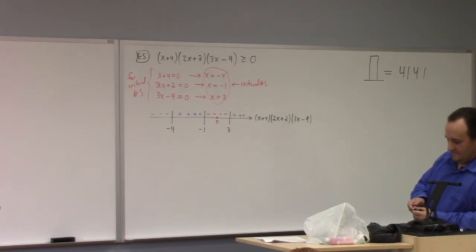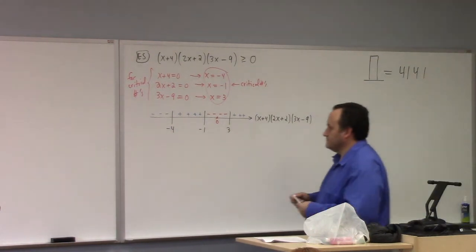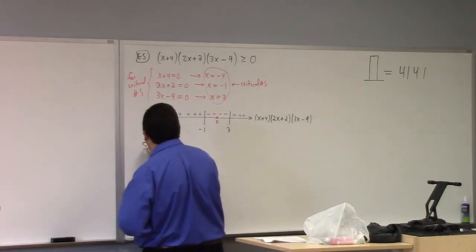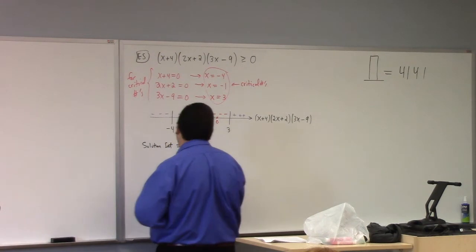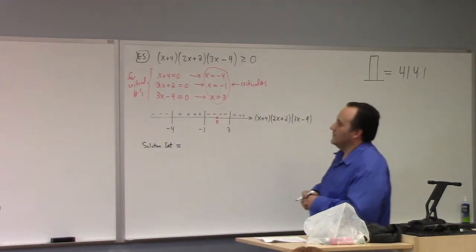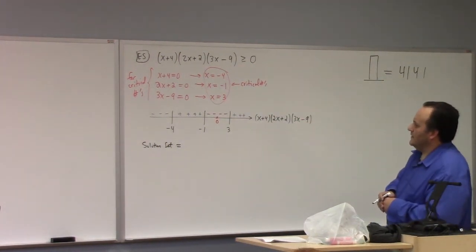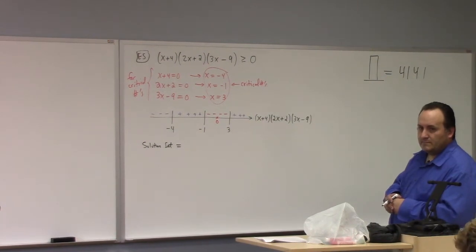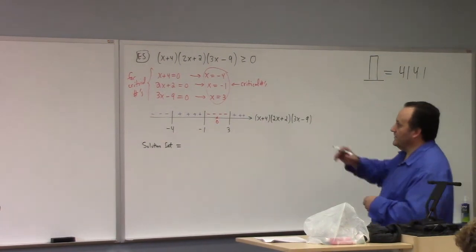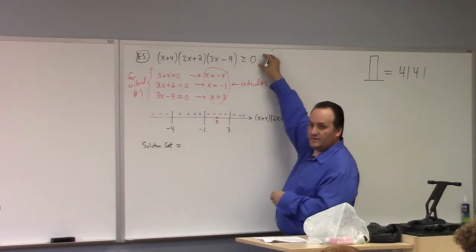Now, what's the solution set? We're looking for pluses this time, right? Greater than or equal to? Do we include the critical numbers or exclude them in this case? I think we're going to include all of them because we're looking for greater than or equal to 0.